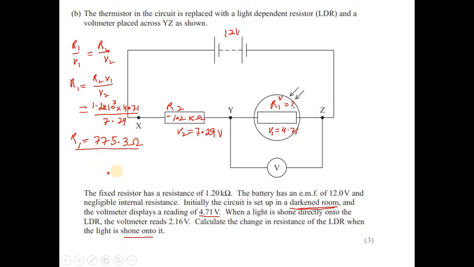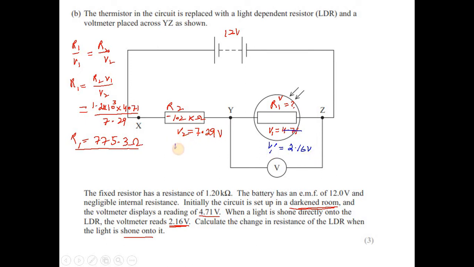And now what is happening when the light is shown? The voltage of the LDR changes. Now the voltage V1, I'm calling it V1 dash, the new voltage, is 2.16 volt. And now we can find V2 dash.